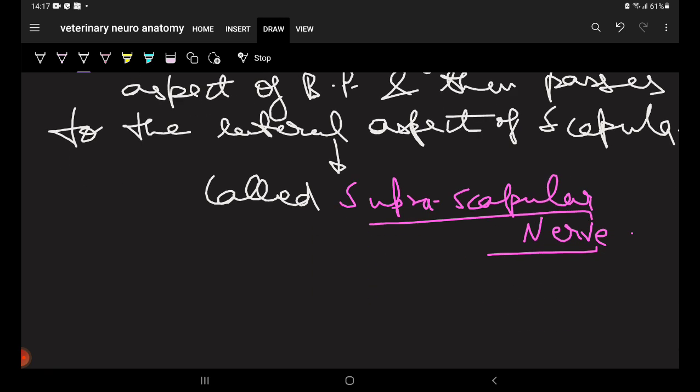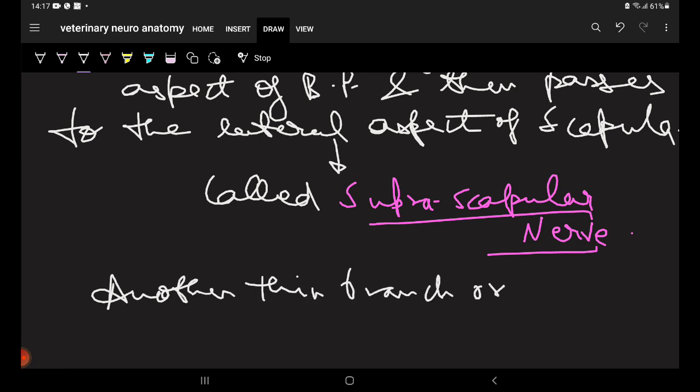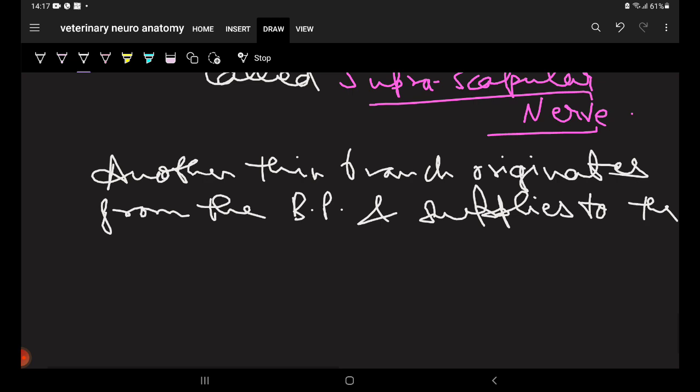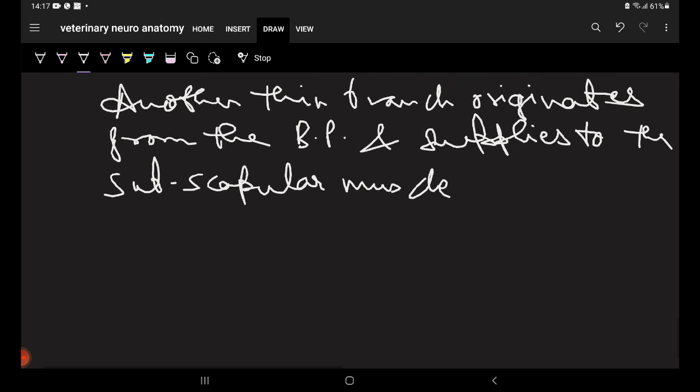Okay. Next, another thin branch originates from the brachial plexus only, obviously, and supplies to the subscapular muscles, the muscle of scapula.